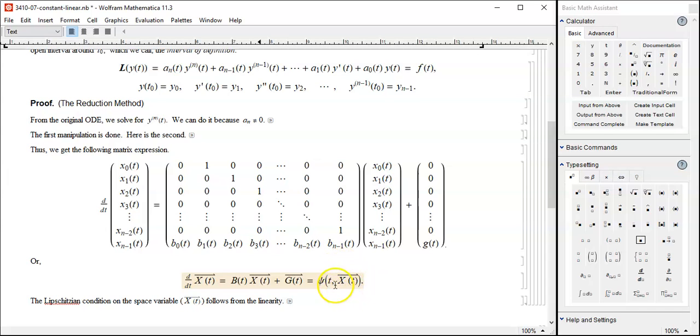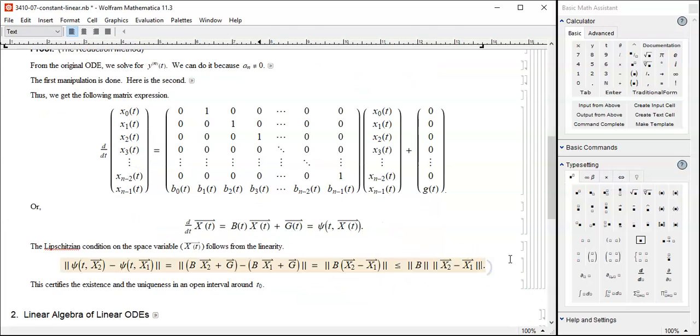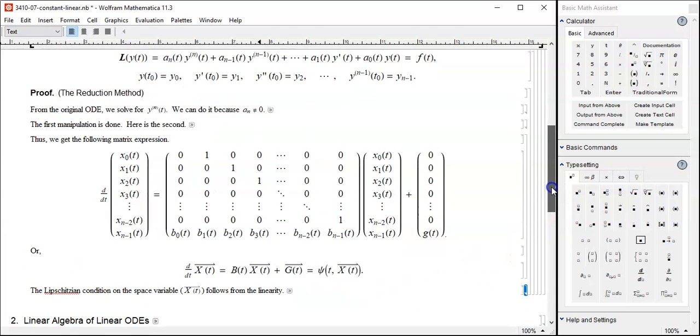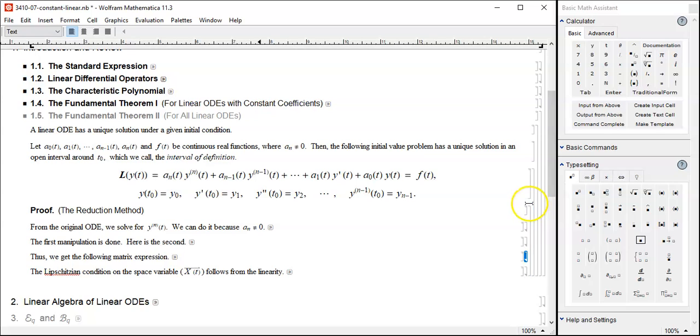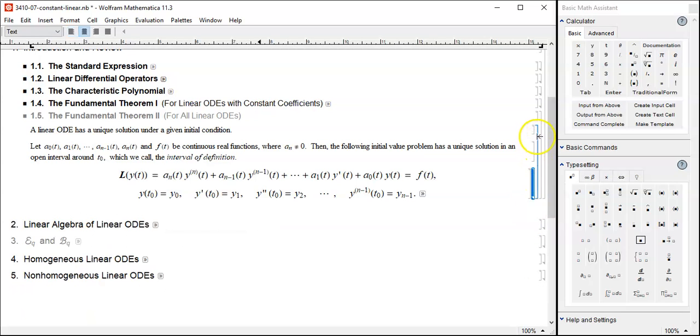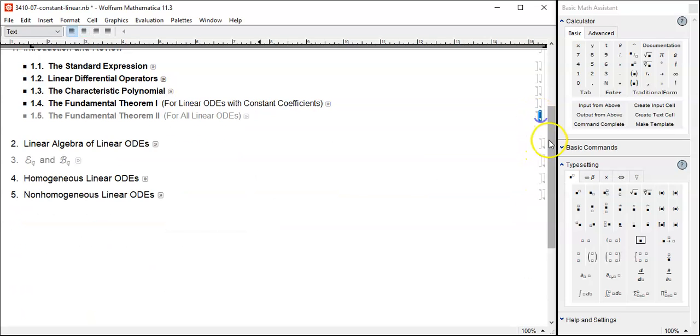And then we can prove that this function is so-called Lipschitzian with respect to the second variable. Yes. And then we can apply the fundamental theorem of first order differential equation for the multivariable case. That's a hard way to do it, but it always works out.